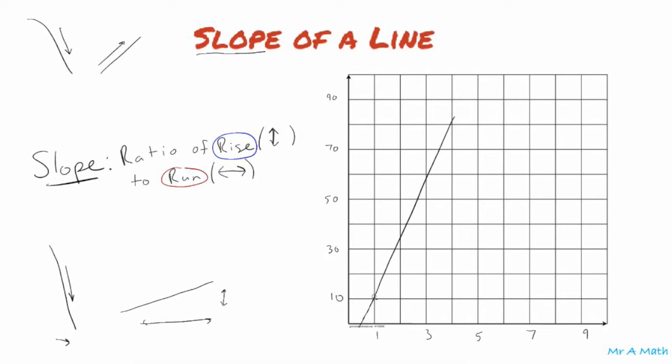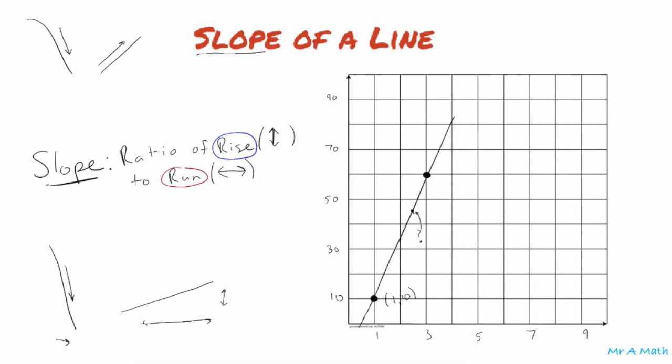Like, for example, I know this point right here is an easy reference point. And I also know that maybe this point right here is an easy reference point. And I know that they're easy reference points just because they line up really conveniently with these grids. For example, right here, I'm not totally sure exactly what numbers are represented on that line at that specific point, but I'm pretty sure here that this is the point 1, 10.